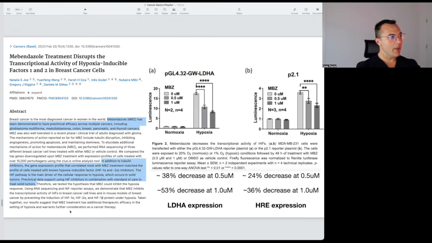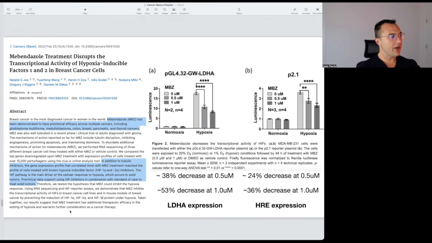It says here in the abstract, mebendazole has been demonstrated to have preclinical efficacy across multiple cancers, including glioblastoma multiforme, medulloblastoma, colon, breast, pancreatic, and thyroid cancers. It later says that in addition to tubulin inhibitors, the gene expression profile that correlated most with mebendazole treatment matched the profile of cells treated with known hypoxia-inducible factor HIF-1 alpha and 2 alpha inhibitors.